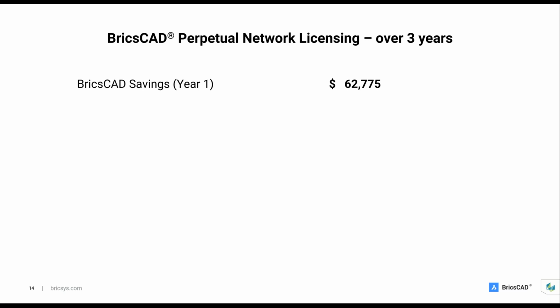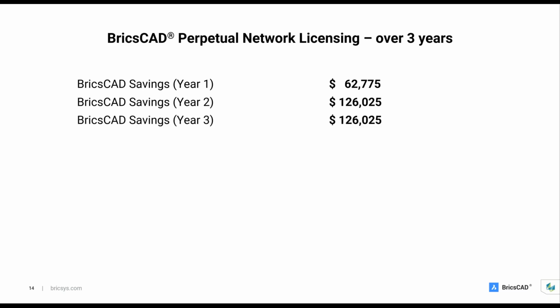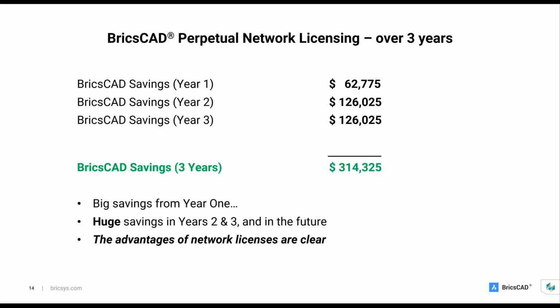But even going to BricsCAD, acquiring new licenses and putting it on maintenance, there's still a $60,000 savings roughly in year one, and then the savings really start to get large year two, year three, year over year, because you're on maintenance only at that point. So this is quite a substantial savings. It's just due to the fact that BricsCAD is more reasonably priced in the first place, and leveraging the network licensing, which is no longer available elsewhere, makes it even that much more affordable.